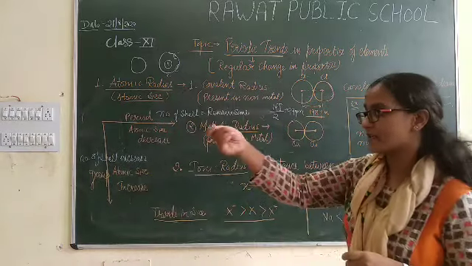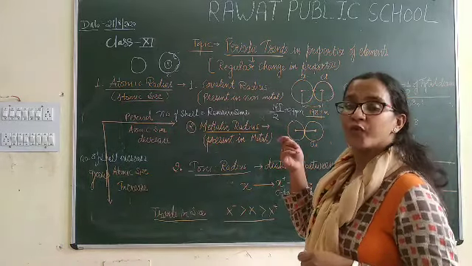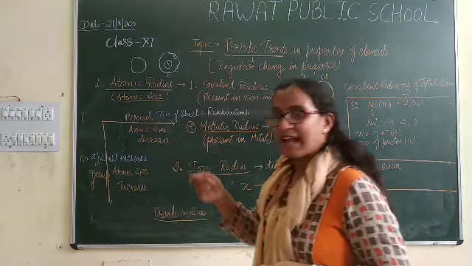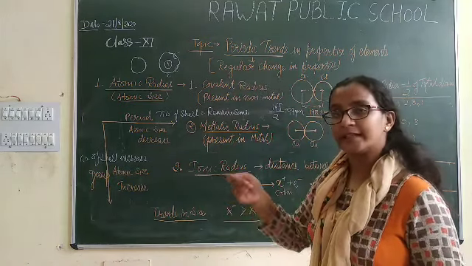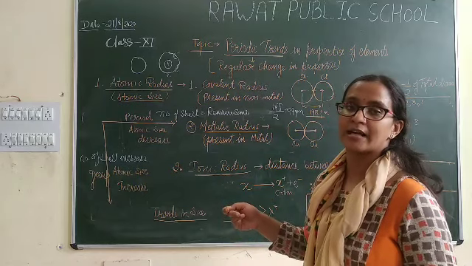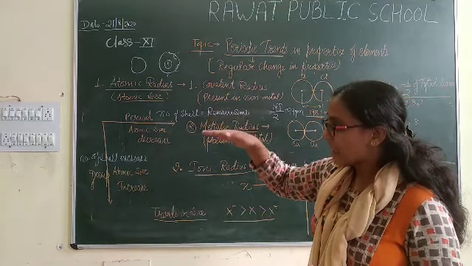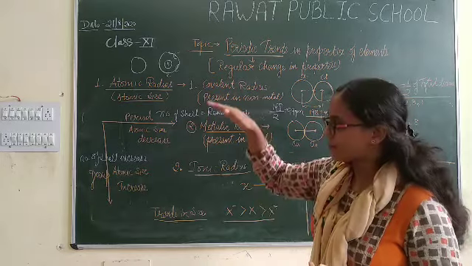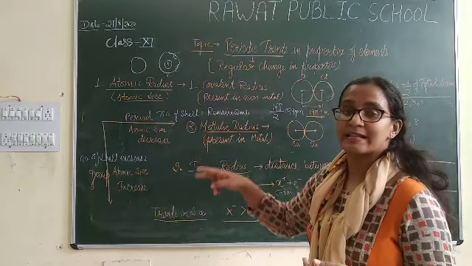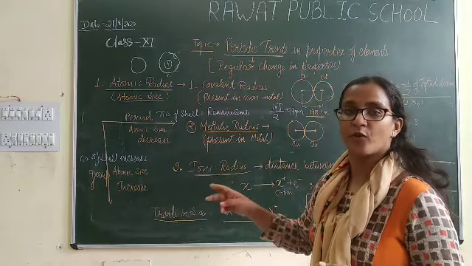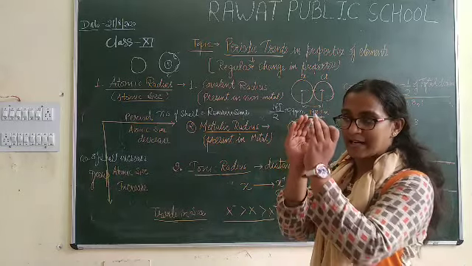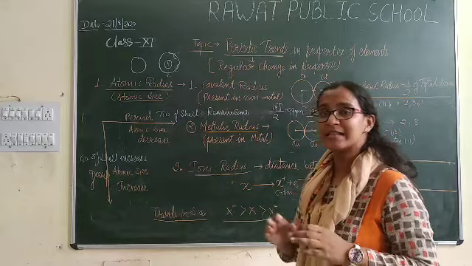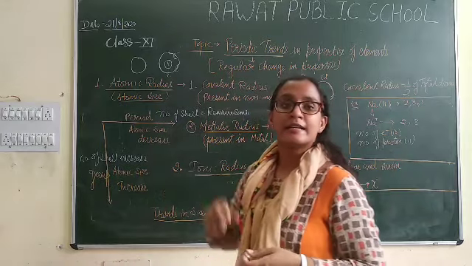In the first period, we add into the first shell, in the second period, the electrons are added into the second shell, and in the third period, into the third shell. So as we move down, the number of shells increases: 1, 2, 3, 4, 5. It means the size has increased.